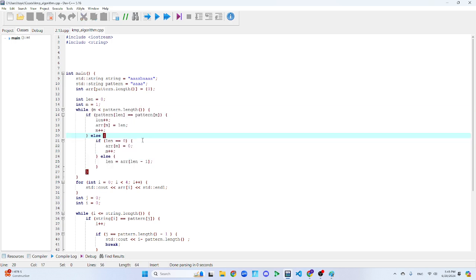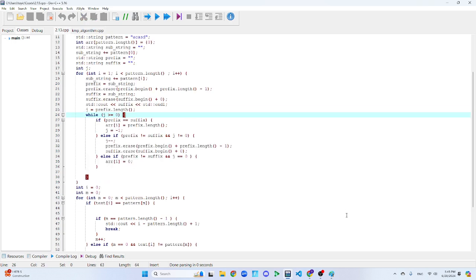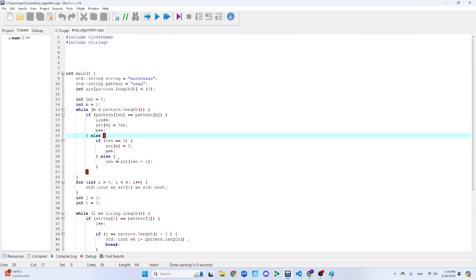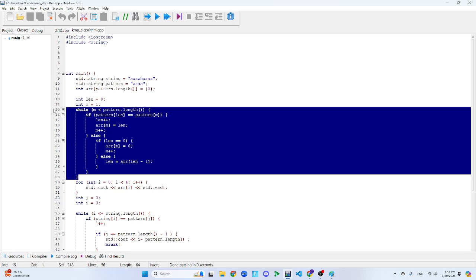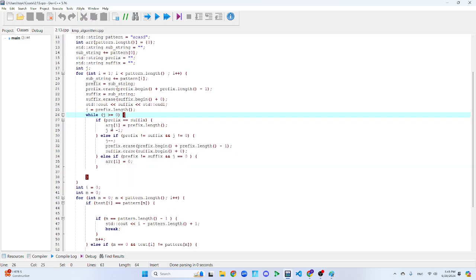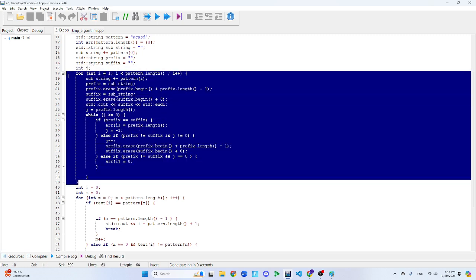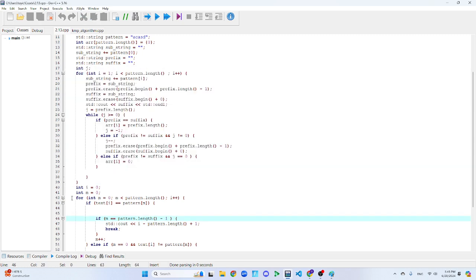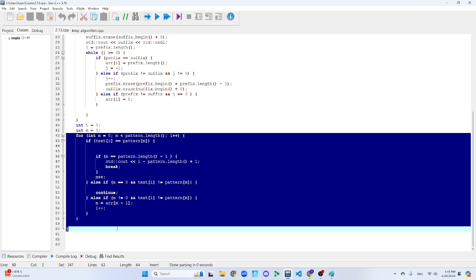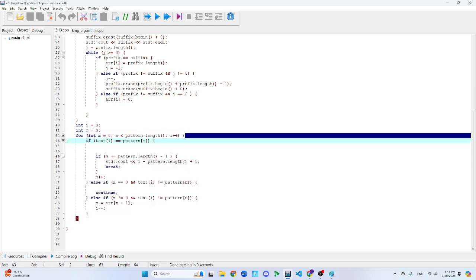But I will not explain it in depth, because this is just a really basic tutorial about the KMP algorithm. Explaining how to calculate this next array would be really complex, and I don't really get the whole thing. So this is basically how we calculate the next array. And then we iterate through everything.